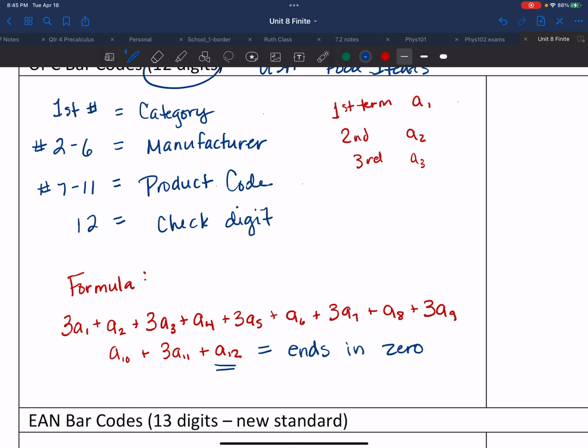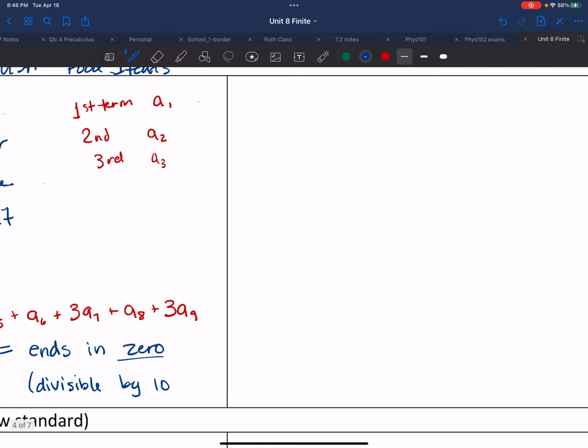So it doesn't matter if it's 10 or 120 or 1,230. You need to have something that ends in 0. So we could say that it's divisible by 10, okay? But we want it to end in 0. So let's go ahead and take a look at some of these, and we'll check and see if we end up with a correct code.